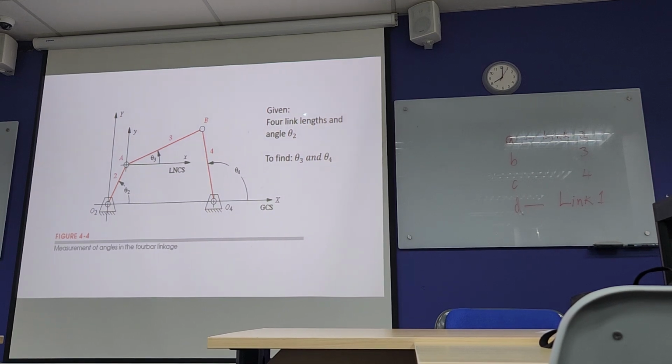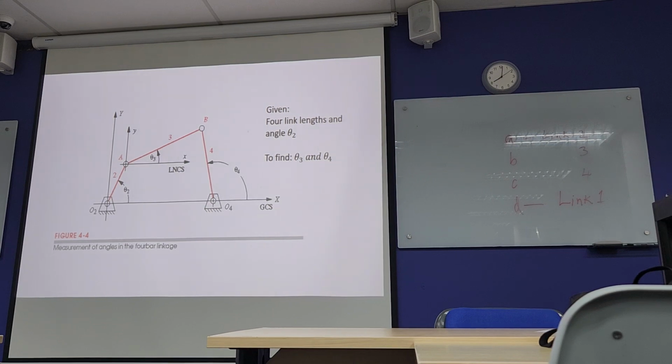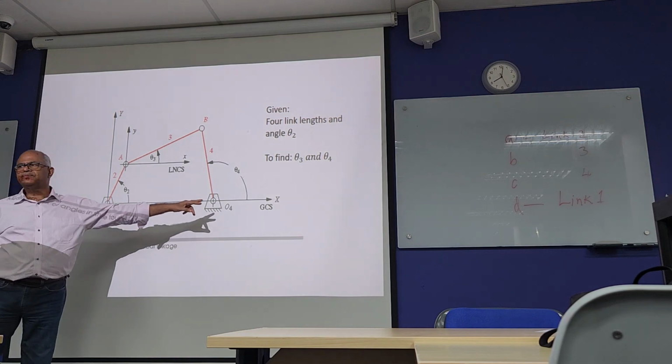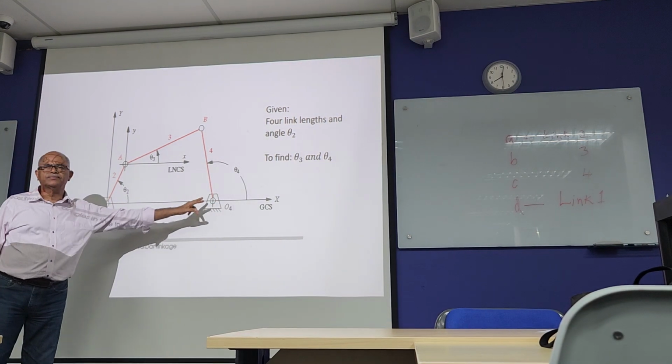Given the lengths of the four links, you know the lengths and you only know the orientation of link 2, theta 2. So to draw this, first choose an appropriate scale. You know the length of link 2, so you can draw this.